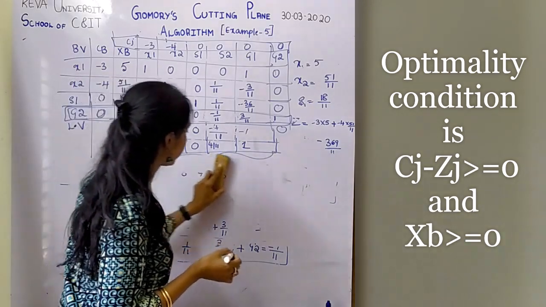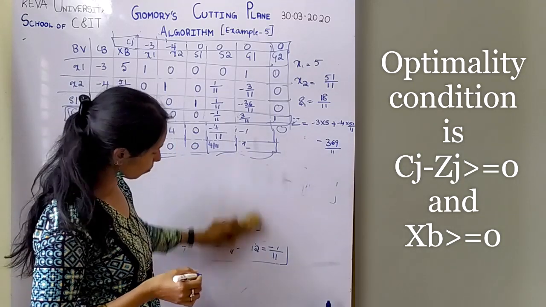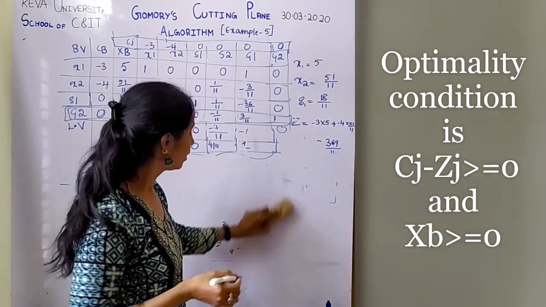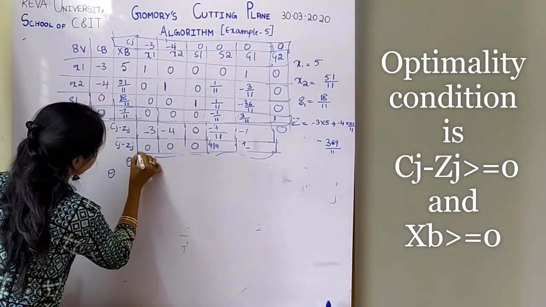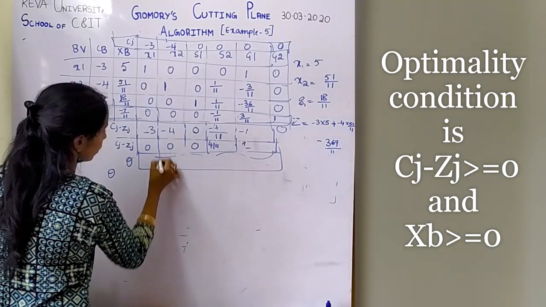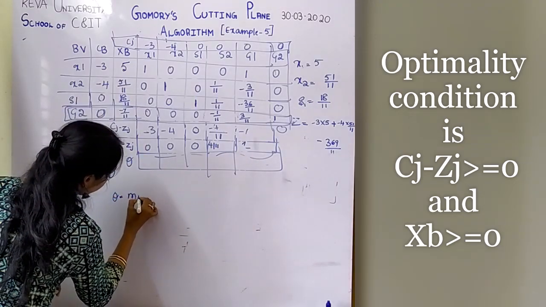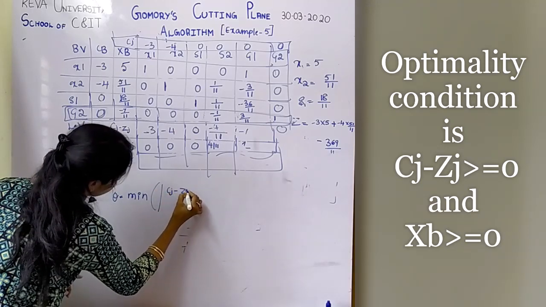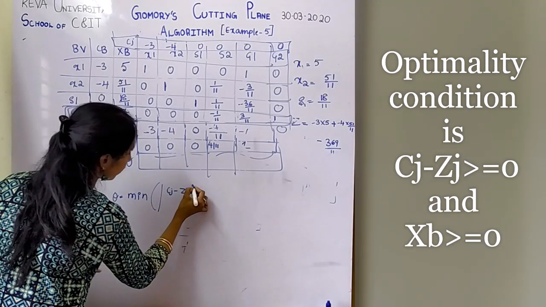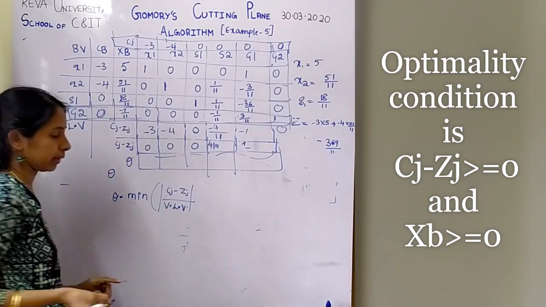So how will you find out the entering variable? Again you use the formula. What is the formula? Theta is equal to the minimum among Cj minus Zj, you should not consider the sign here, divided by the value in the leaving variable.